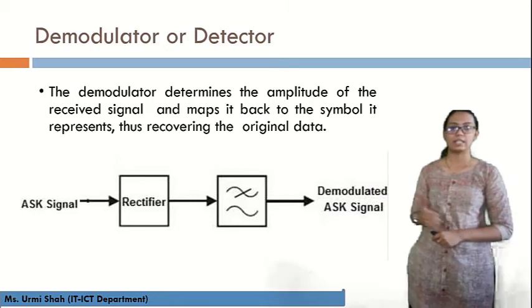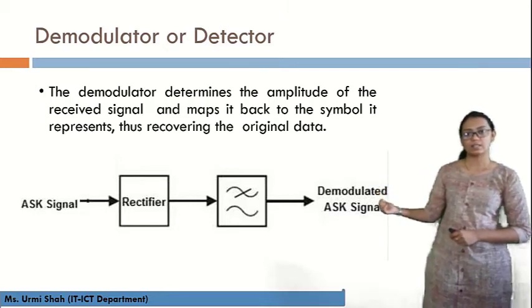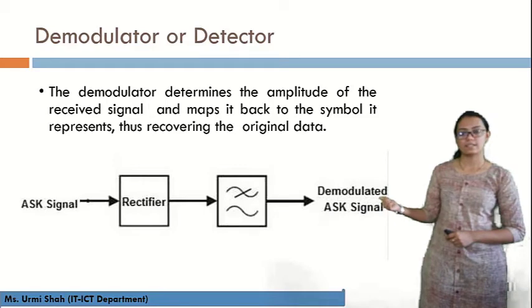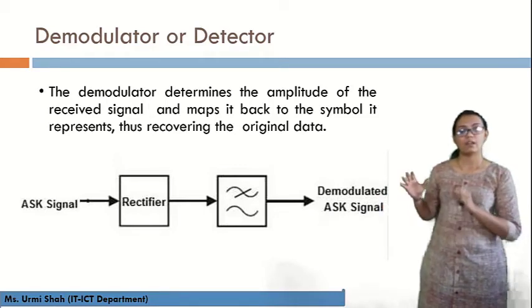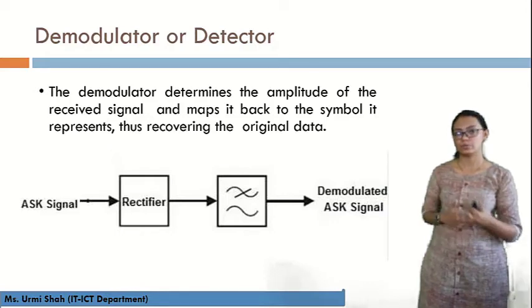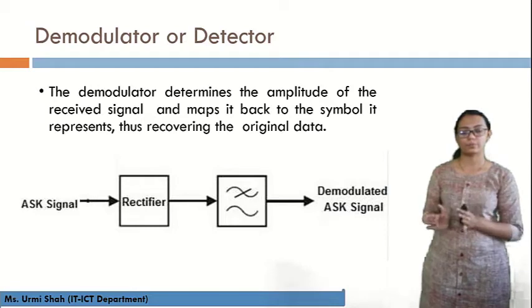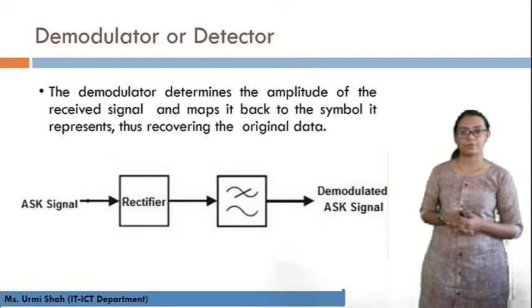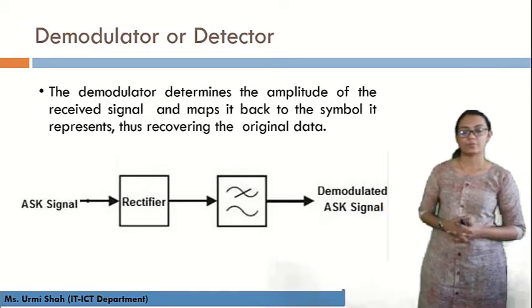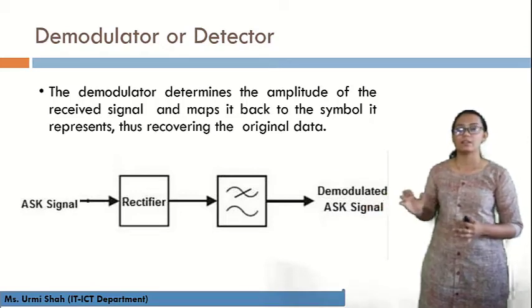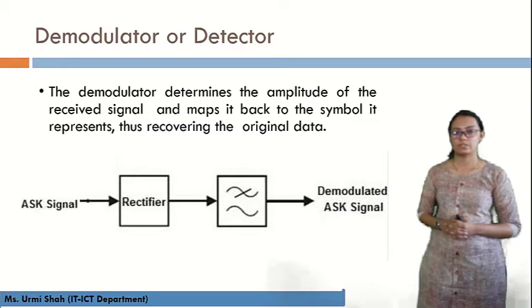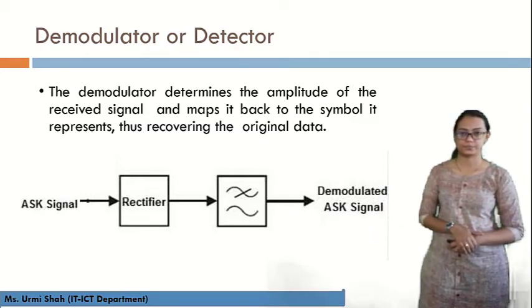So basically in ASK, as you can see over here, the ASK signal will be given as an input to the rectifier circuitry. The rectifier basically removes the AC ripple content, that is, the analog waveform will be filtered into a DC waveform, and finally after passing it through a low pass filter or band pass filter, the output generated will be the demodulated ASK signal.